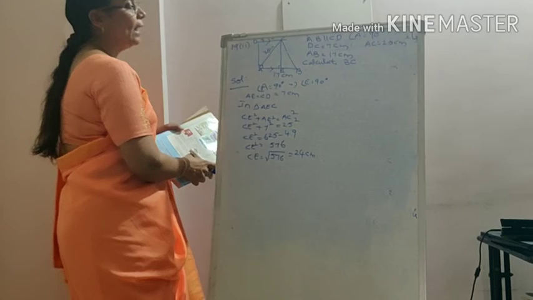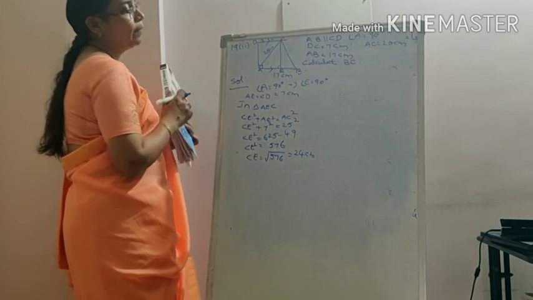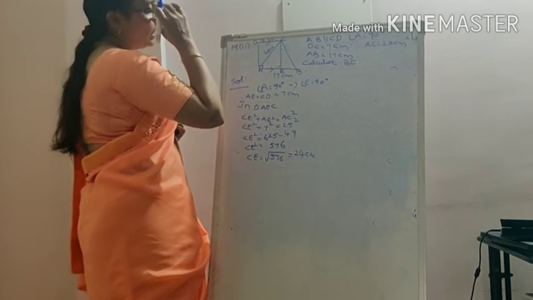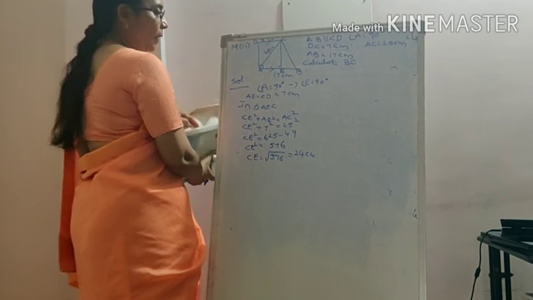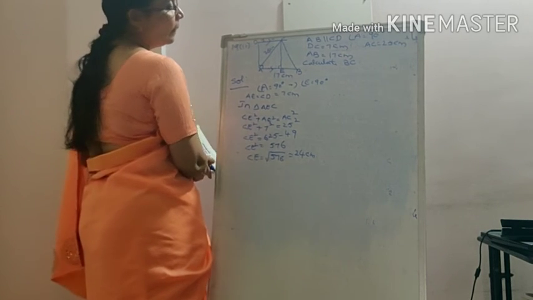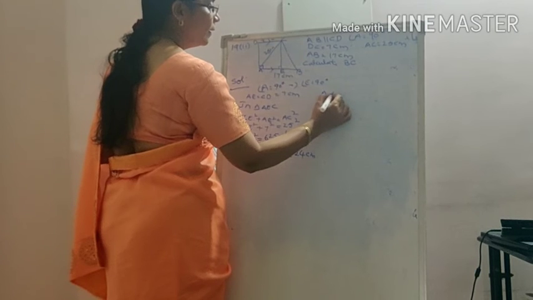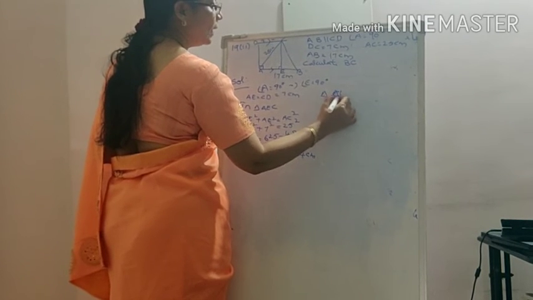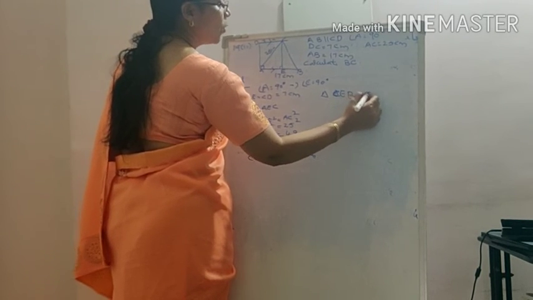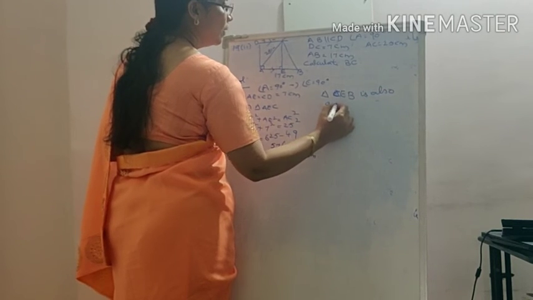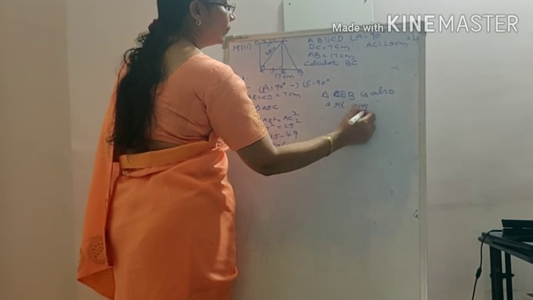Now we have to calculate BC. Here we know that triangle CEB is also a right angled triangle.